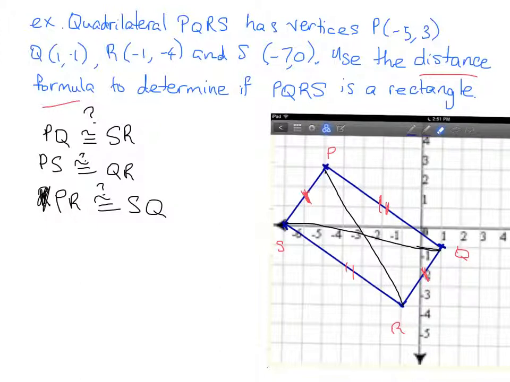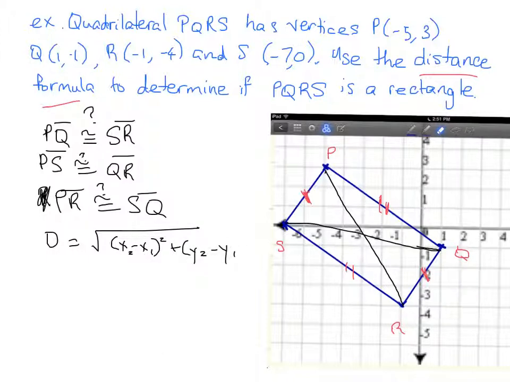All right, so let's go about using our distance formula and figuring this stuff out. So there we go. Forgot those segment symbols there. All right, so let's go ahead and use the distance formula, which, just to remind you, distance is the square root of x2 minus x1 squared plus y2 minus y1 squared.